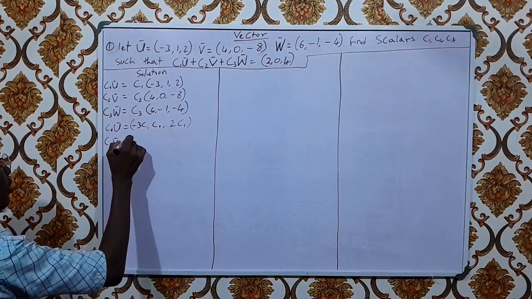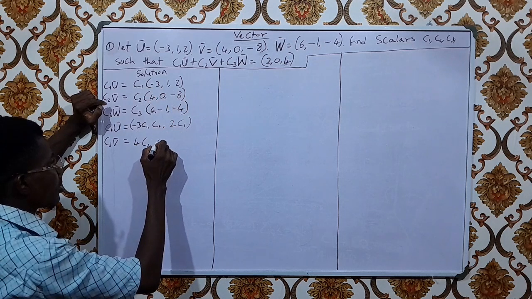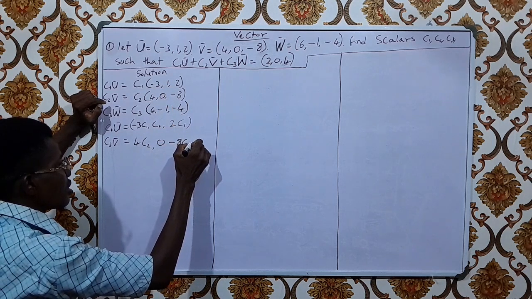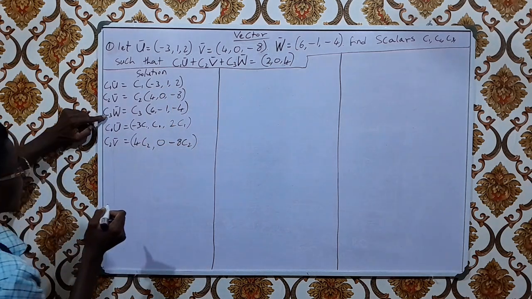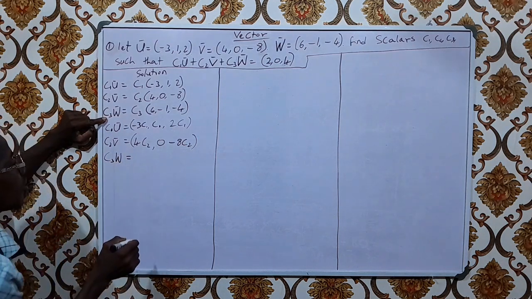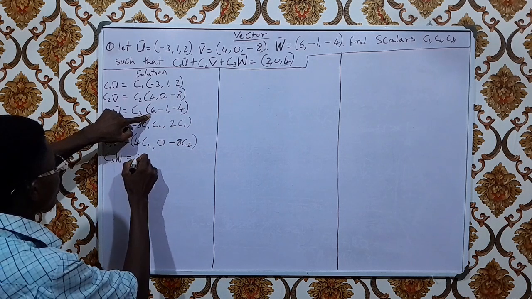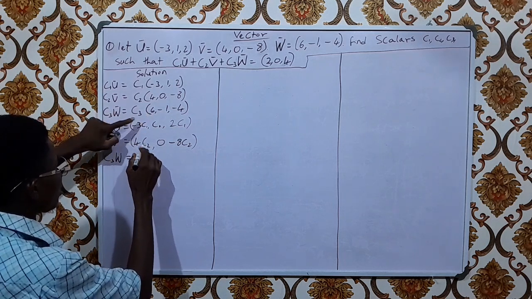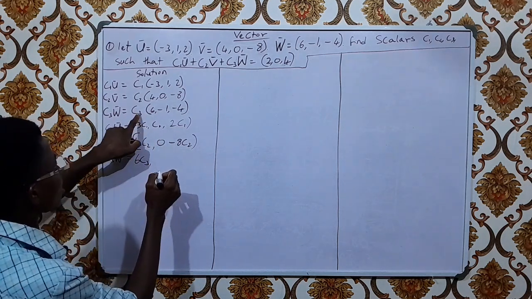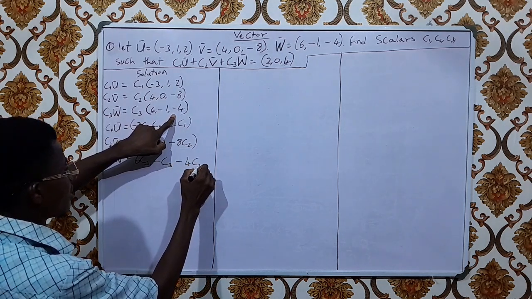Then C2v, we have 4C2, 0, and we have -8C2. On C3w, we have 6C3, comma, minus C3, comma, minus 4C3.